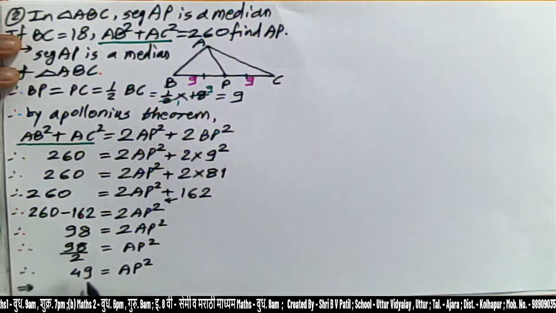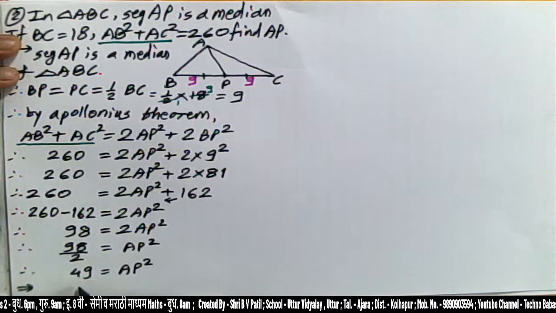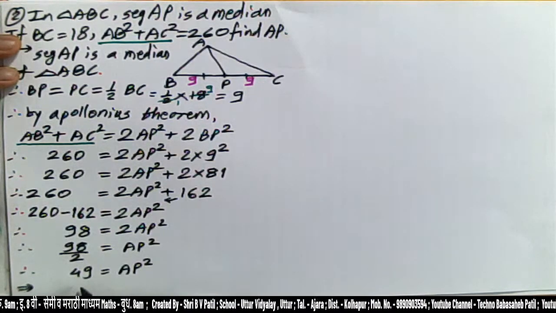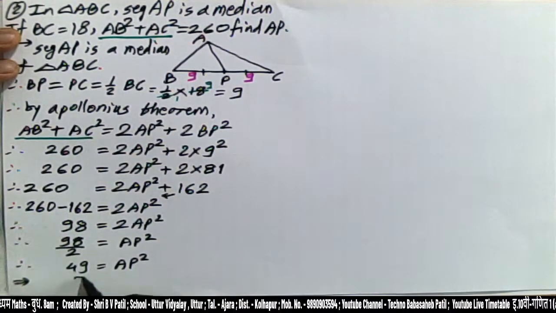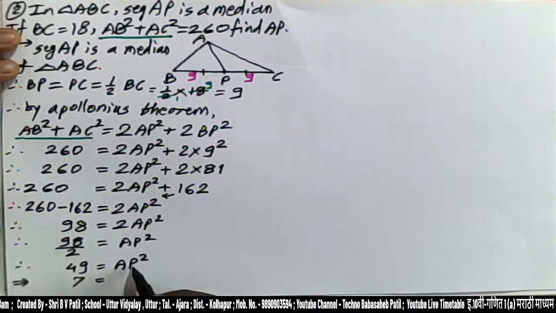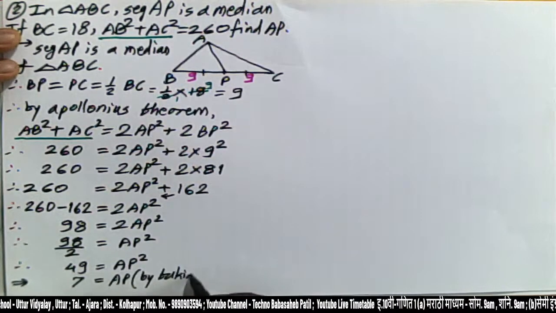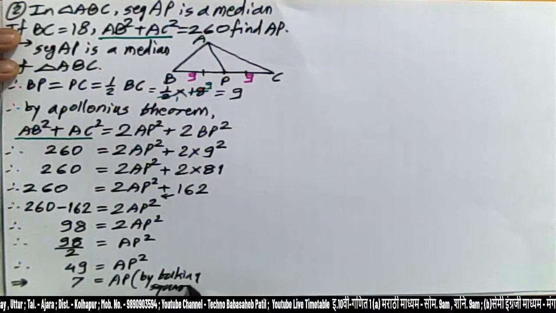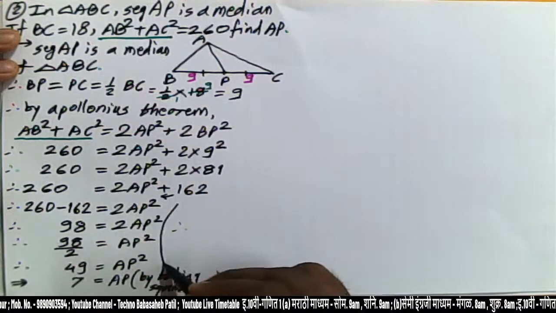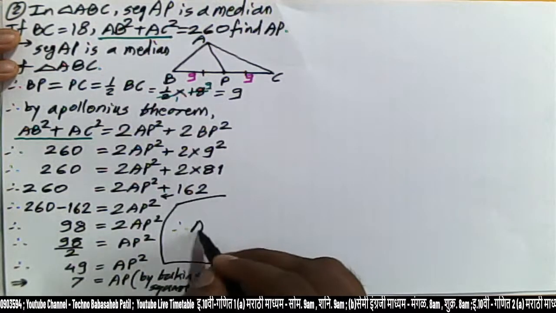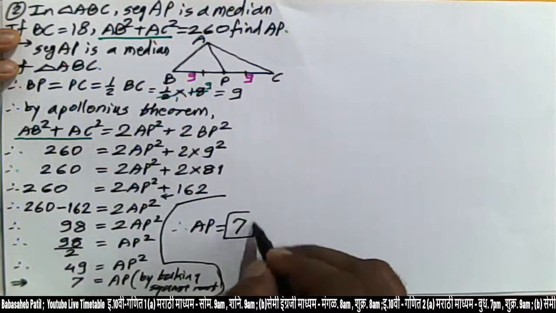This implies that taking the root of 49, 7 is equal to root of AP square, which is AP. By taking the square root, therefore AP is equal to 7. That is the answer.